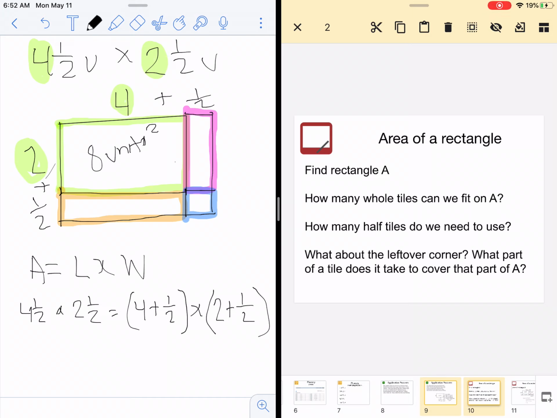So let's write down what we just did. Equals, we did 2 times 4, plus, now let's do, I'm not going to have any room, so I'm going to write this way over here.